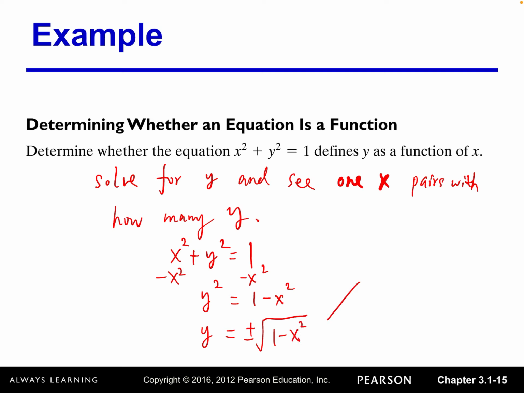That means y equals the positive square root of 1 minus x squared, and the other one is y equals the negative square root of 1 minus x squared. So obviously, for any given value of x, we have 2 y's paired with it, one positive, one negative. That means this relation is not a function. If one x pairs with exactly one y, then it's a function.